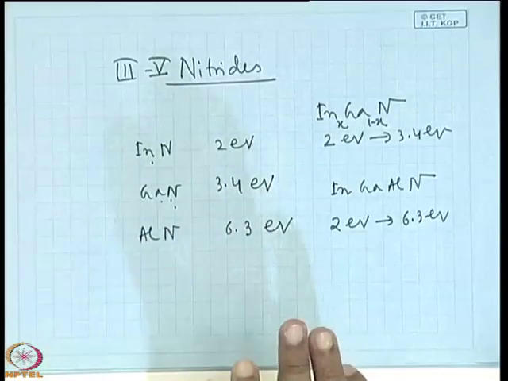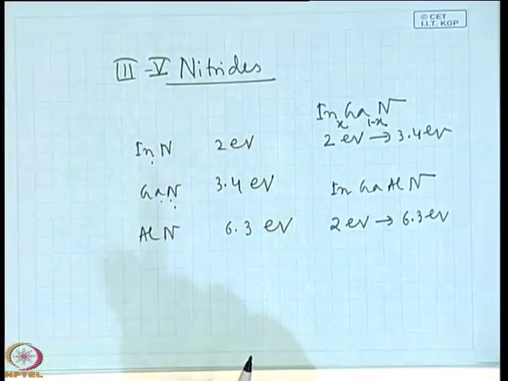particularly the visible region, because there are many applications, particularly the light emitting diode application. If you go to Japan, you will find that they have been using light emitting diodes for their street light, flat panel display for their street light.